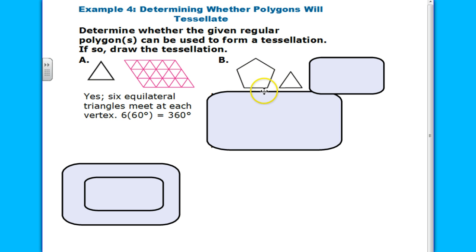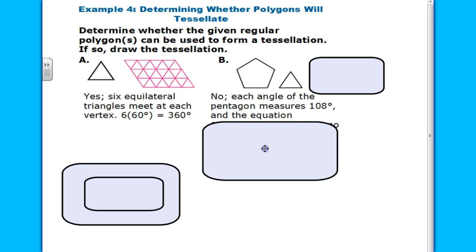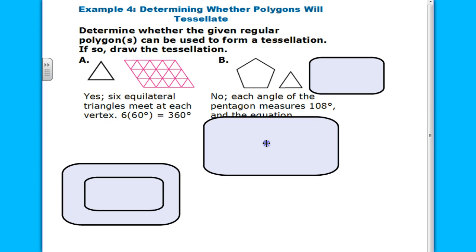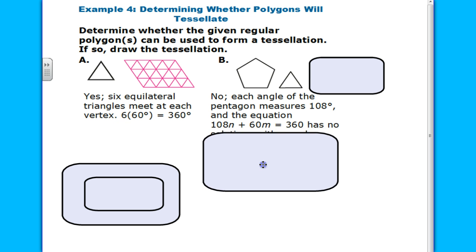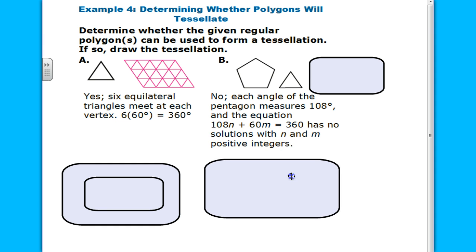And we have what is a pentagon here, right? Looks like it's regular, and an equilateral triangle. So each angle of the pentagon measures 108, and the equation 108n plus 60m equals 360 has no solutions, with n and m as positive integers.